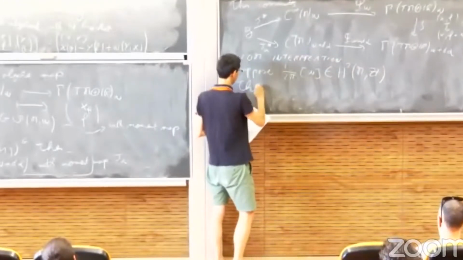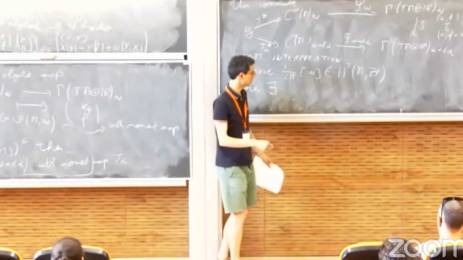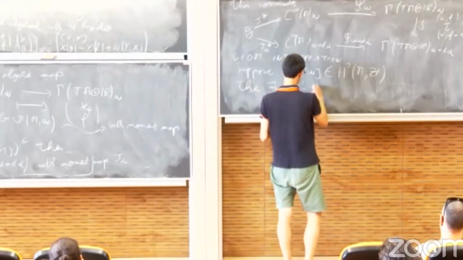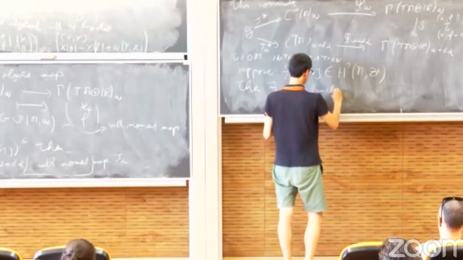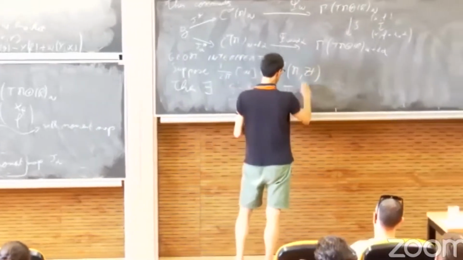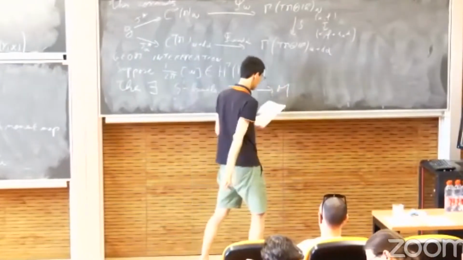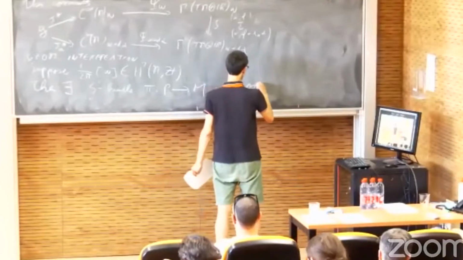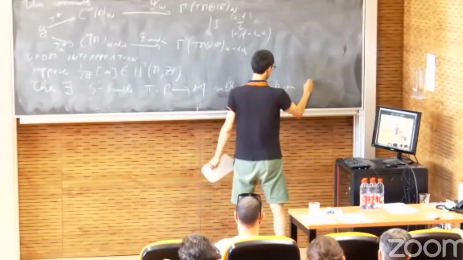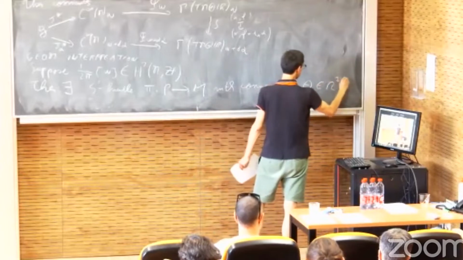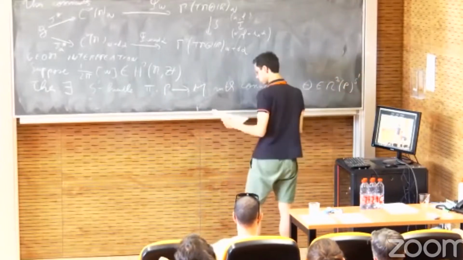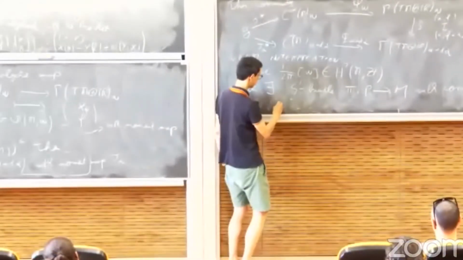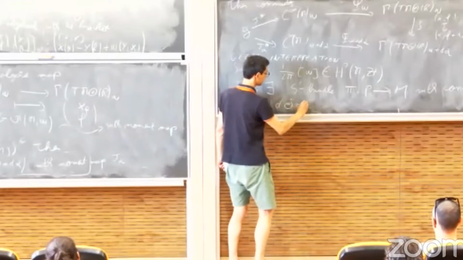Then it's well known that there is an S1 bundle with connection whose curvature is omega. So there exists an S1 principal bundle, let's call it pi, P over M, with a connection, a one-form theta on the total space, which is invariant. The connection has the right curvature, so d theta is the pullback of omega.